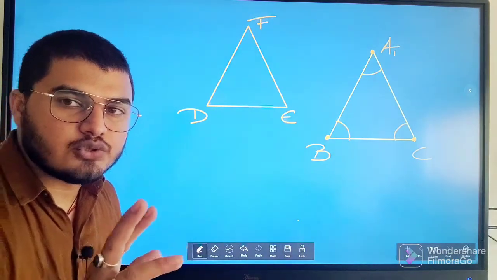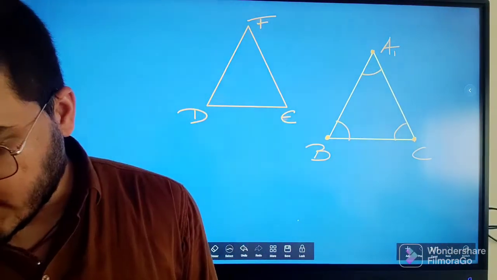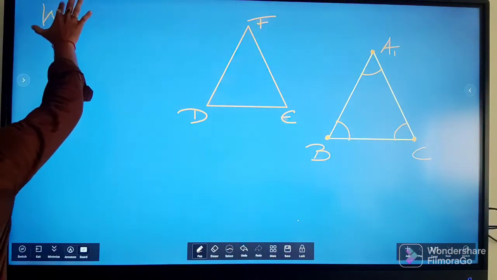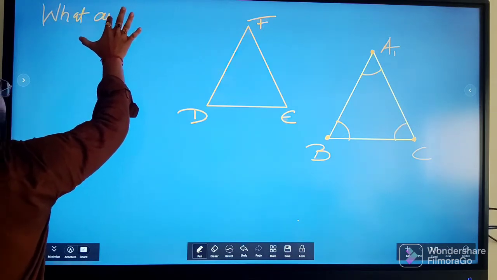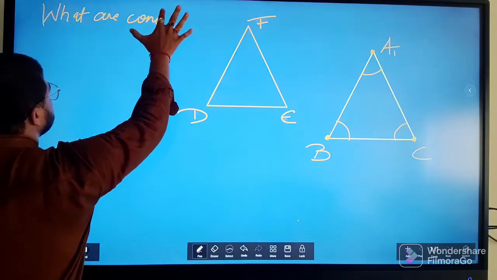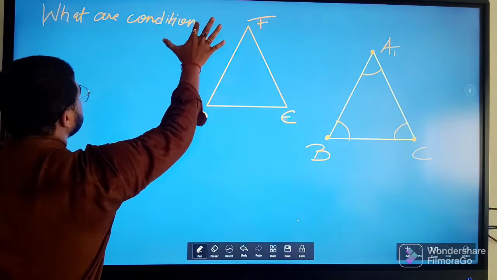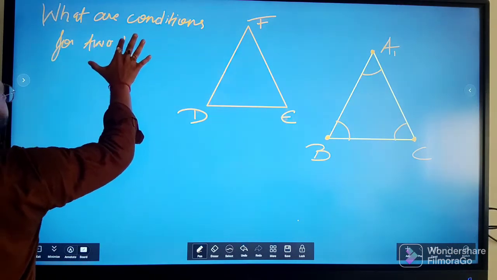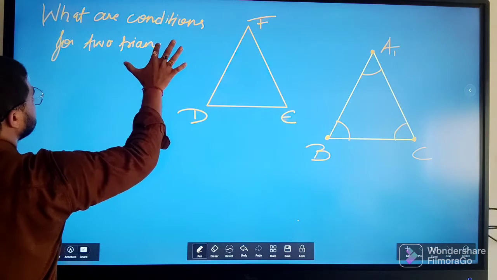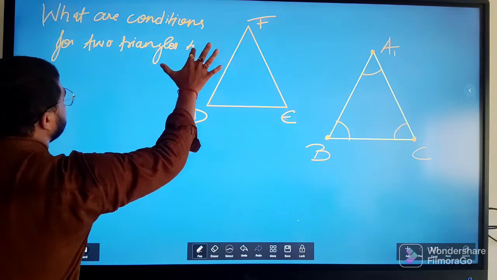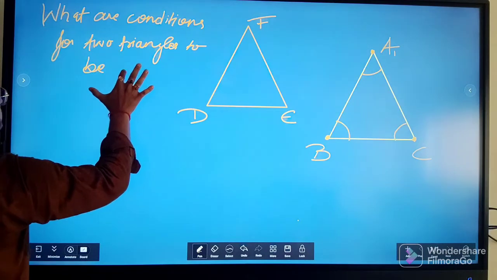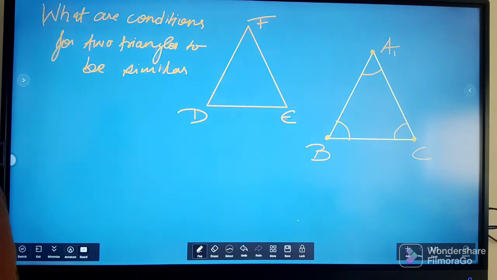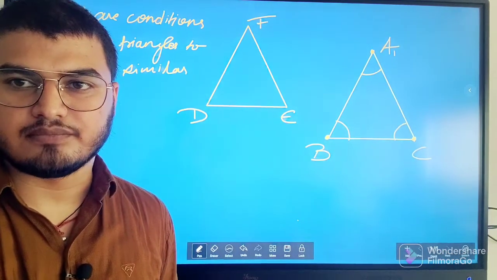Now these two triangles can be said to be similar on two conditions. You may write down: what are the conditions for two triangles to be similar?